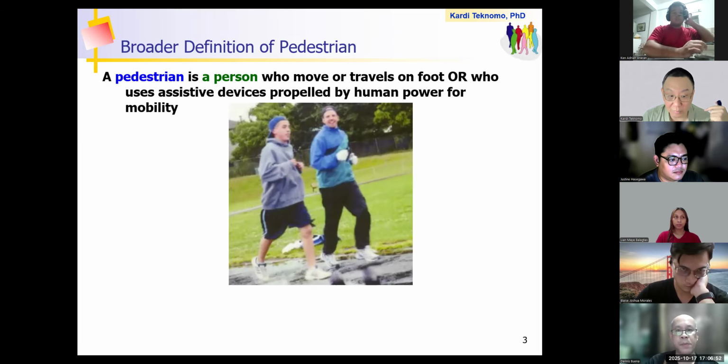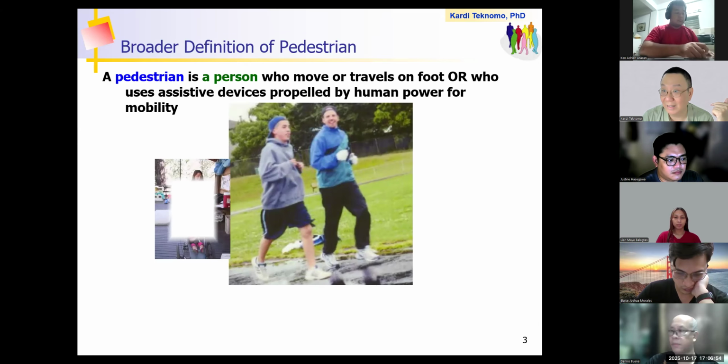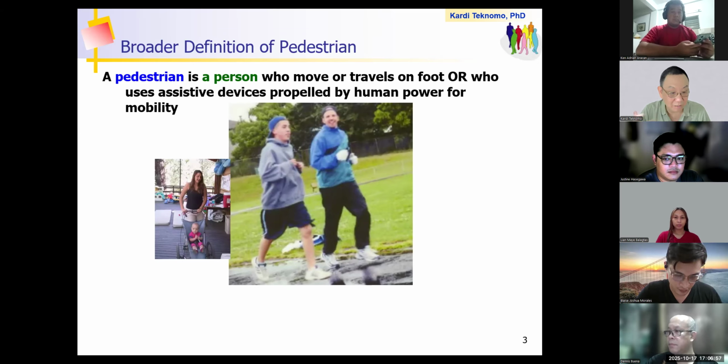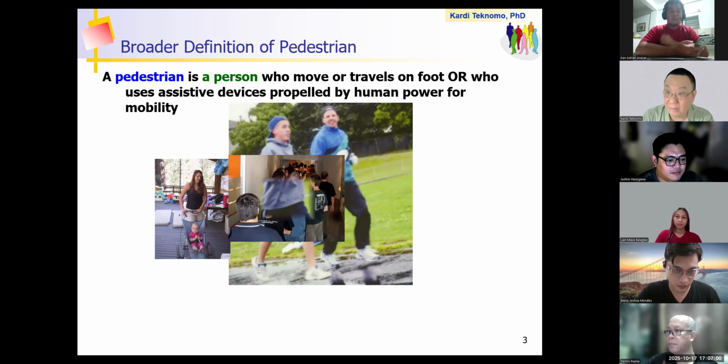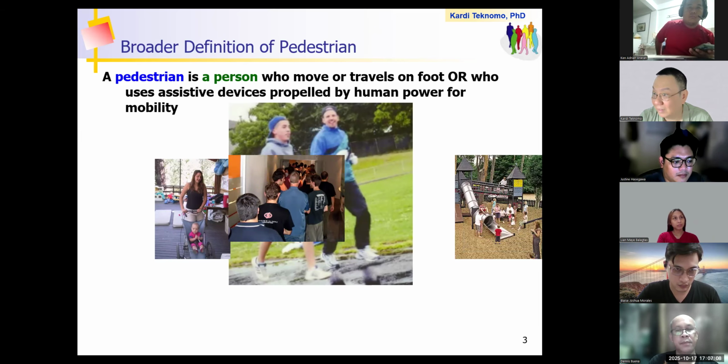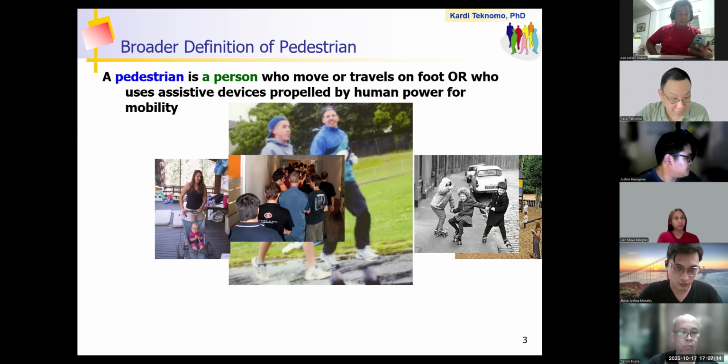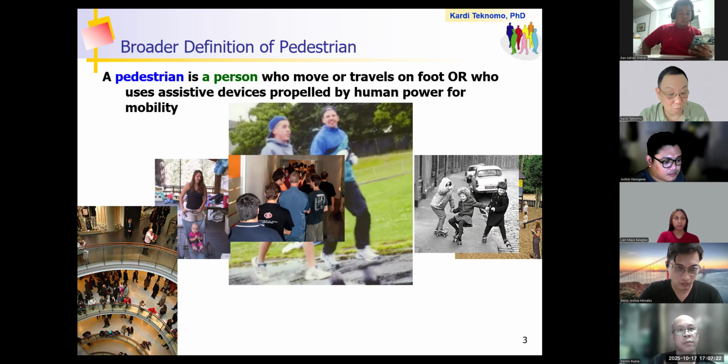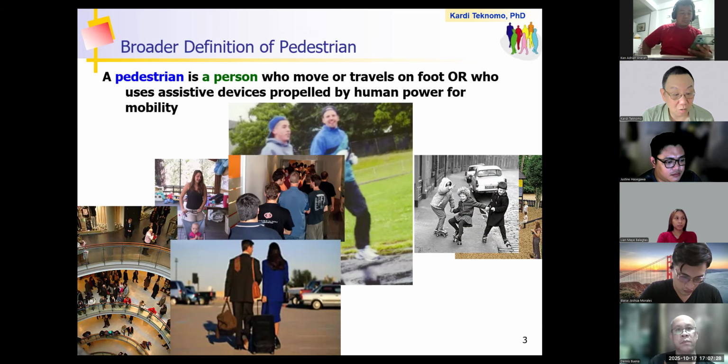That includes people who run, a mother with a baby stroller, or people queuing for a movie theater or in the airport. That includes the children in the playground, and also children playing in the street or on the sidewalk. That also includes people who walk in the mall, or people who walk into the parking lot, isn't it?